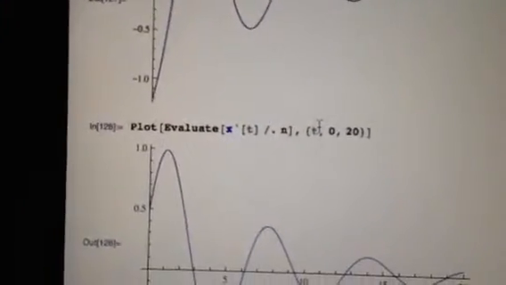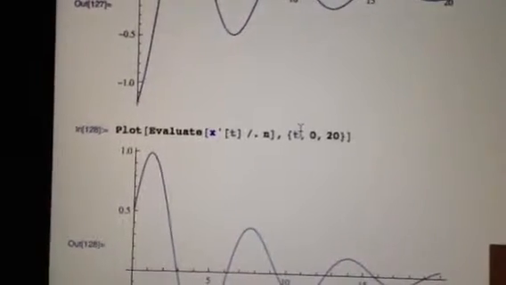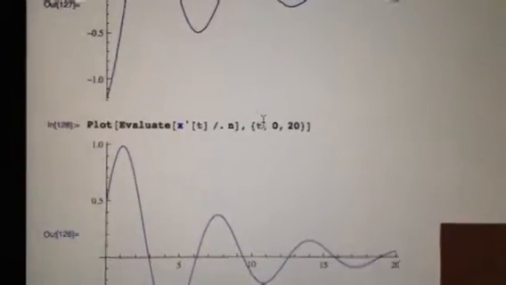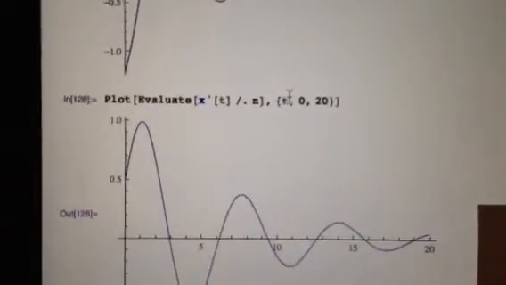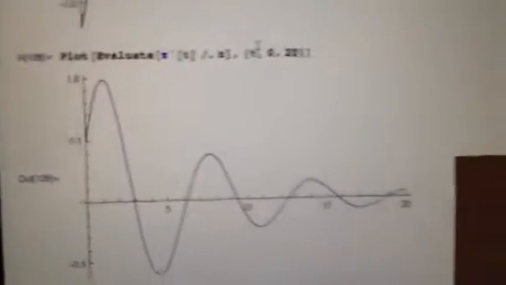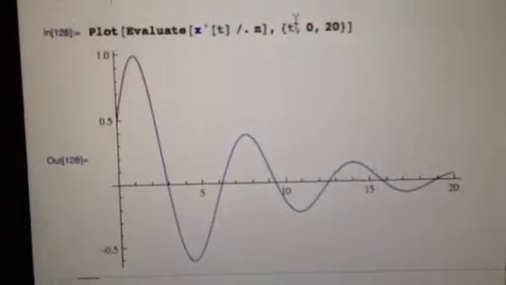I will post this Mathematica notebook on Blackboard, so you can have the syntax in order to create your own plots with different equations or different initial conditions and so on.